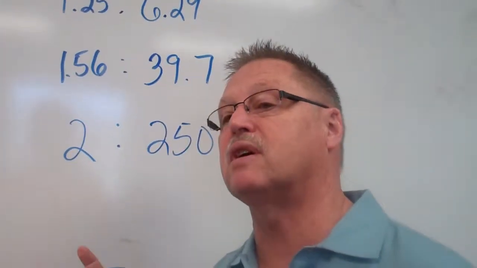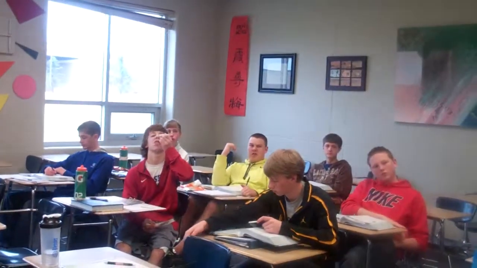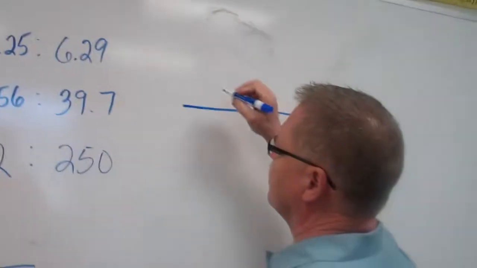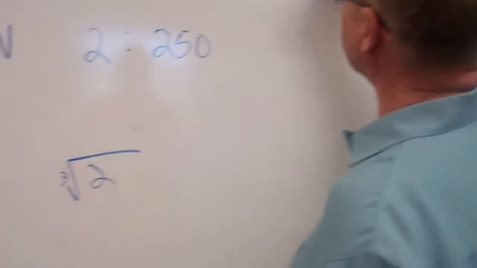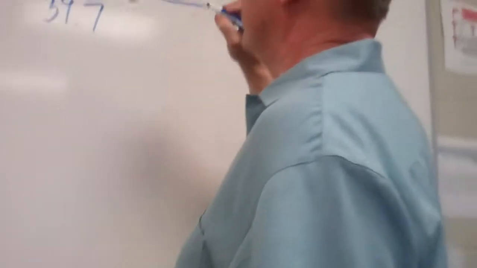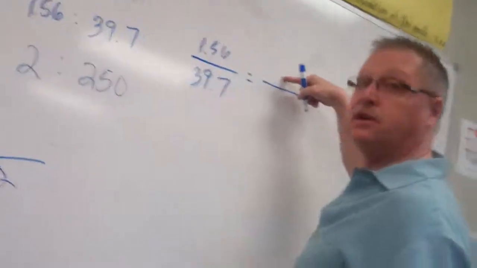And I take it they gave you one of the areas. The surface area for the small one is 13. Hold on, Riley. So the surface areas are in the ratio of 1.56 to 39.7. And they gave you the small one, which means I will put it here.